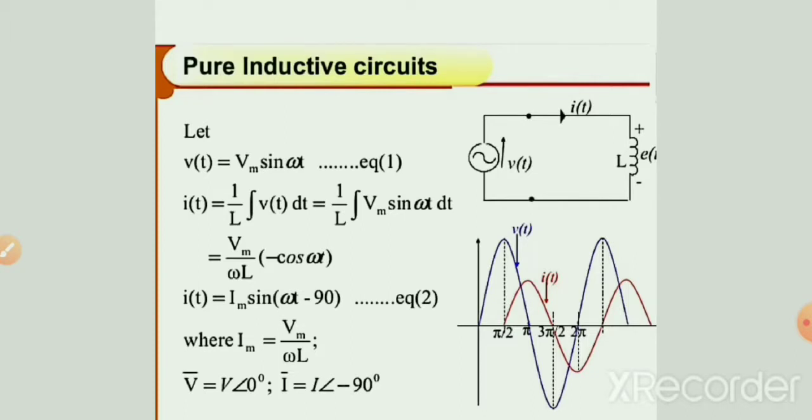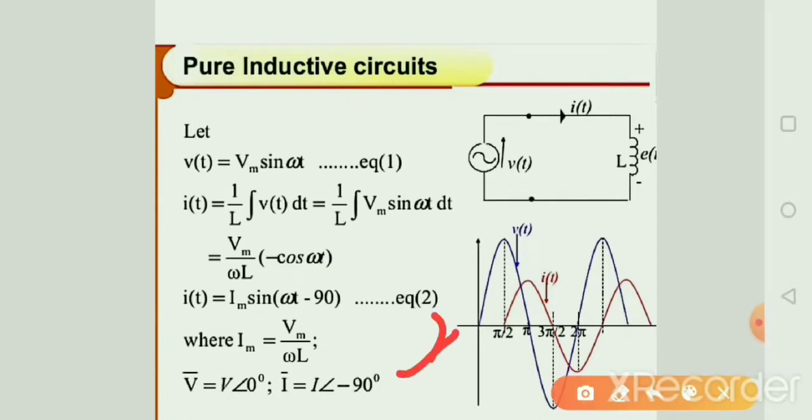So if we see the waveform and phasor diagram, this is the waveform diagram. The voltage waveform starts from 0 and the current waveform starts from pi by 2, after pi by 2. So this is lagging.